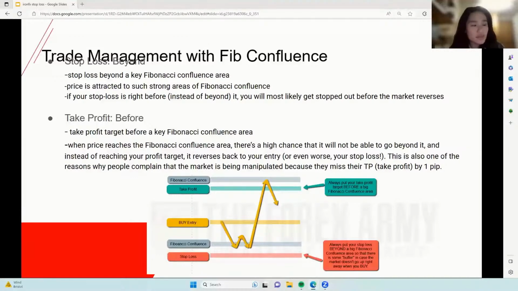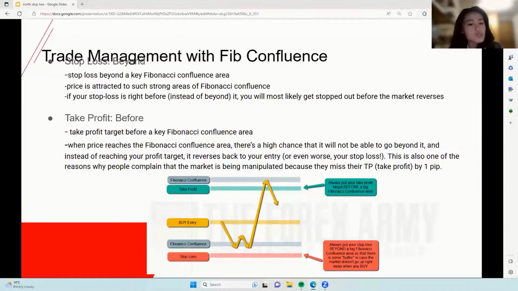If we talk about take profit, as we mentioned earlier, we place it before a key Fibonacci confluence area or major resistance area, and so on. The reason is that when price reaches the Fibonacci confluence area, there is a high chance that it will not be able to go beyond it, and instead of reaching your profit target, it reverses back to your entry, or even worse, your stop loss.